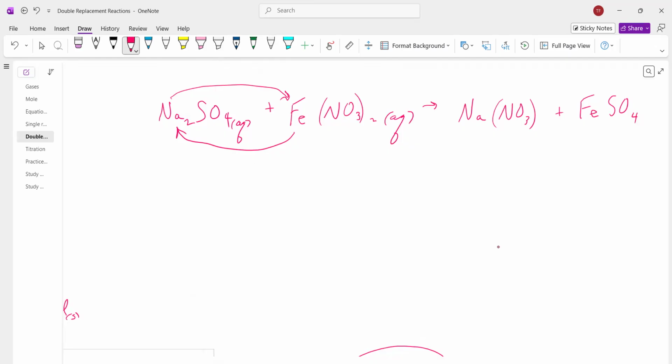Okay, so the question is, the sodium nitrate, remember the first rule: all sodium compounds are soluble. That means that automatically becomes AQ. So the AQs are soluble. What about FeSO4?